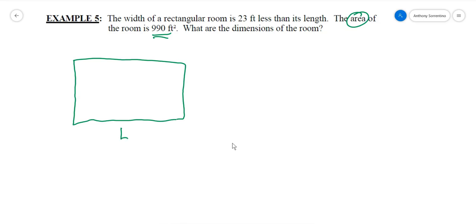I have a length and I have a width, which is just 23 feet less than the length. I like to have everything in terms of one variable because I can solve those equations easily. When I get multiple variables, that's where things go awry, and I need other techniques to solve them. The area of any rectangle is length times width.